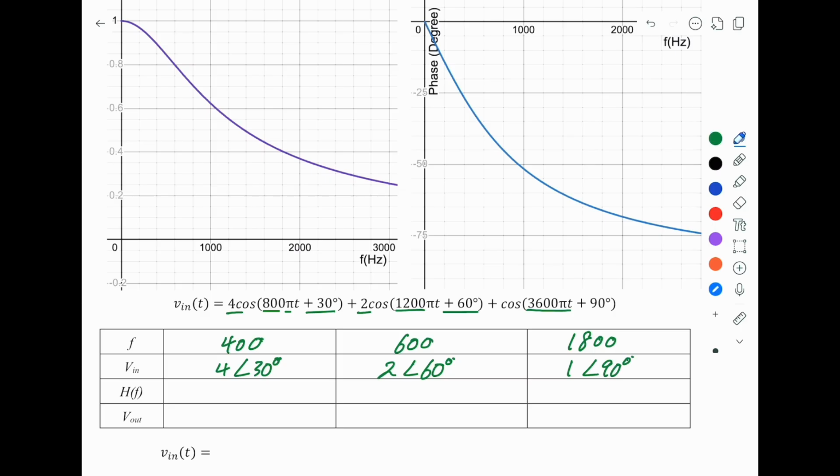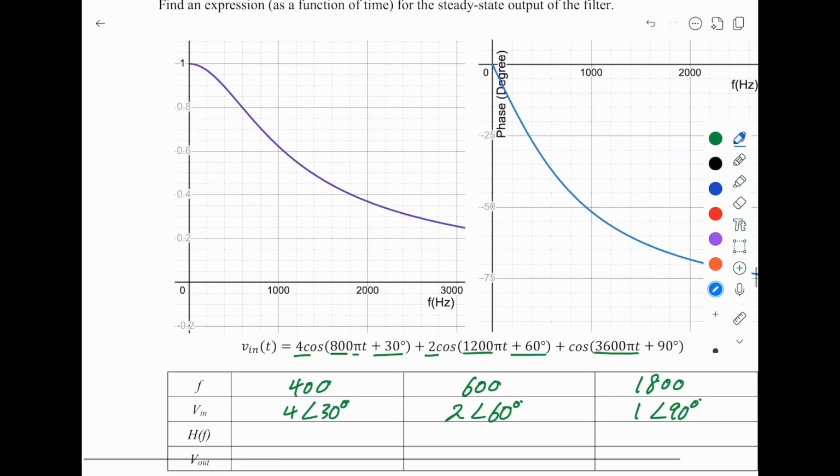Next, let's look at how the transfer function will modify the signal of each term. Now we look at the amplitude first. First, this is 400, so this will be here, and somewhere here.